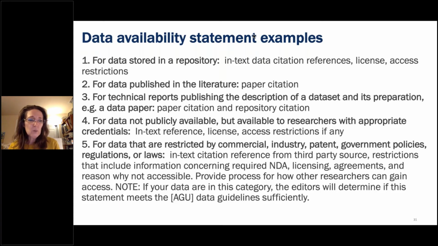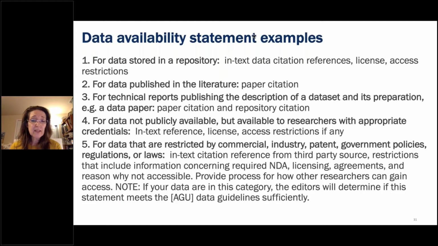If it's in a technical report, like Scientific Data, for instance, a journal that publishes scientific papers about data sets, they will also ensure that the data is in a repository. You would cite both that publication and the repository.